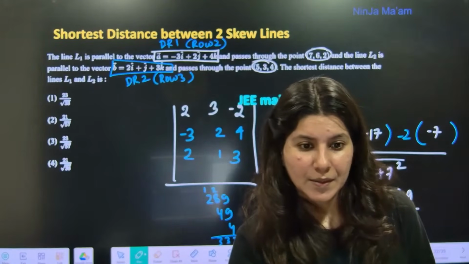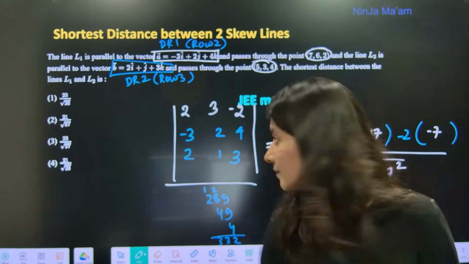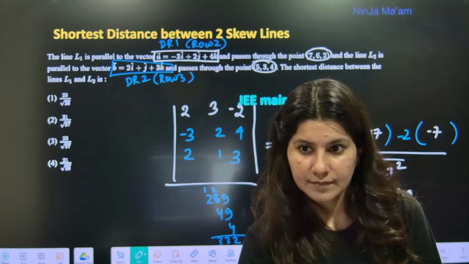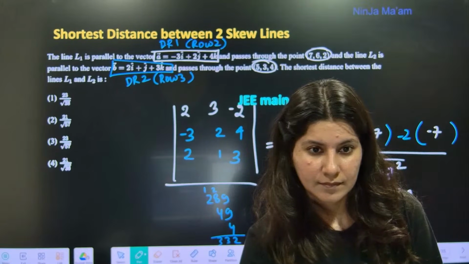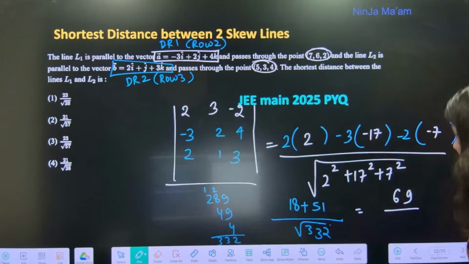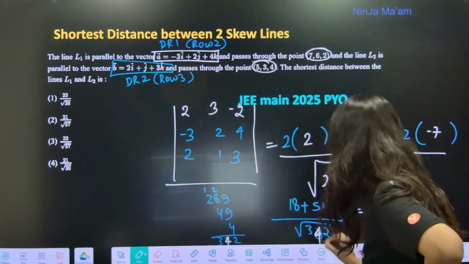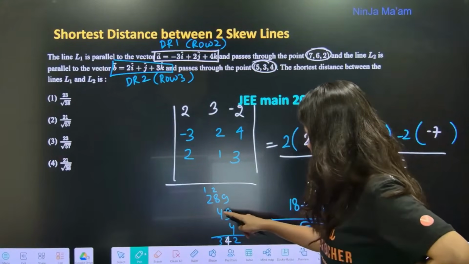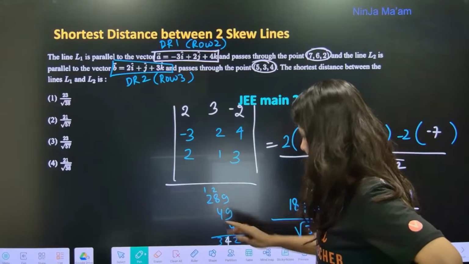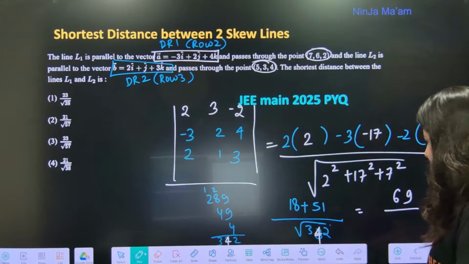Okay, all right. It should be 342. Yes, 342. So I think now this will be 4, 5, 6, 7.